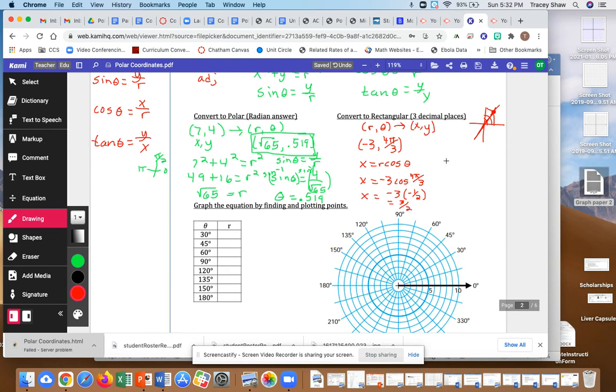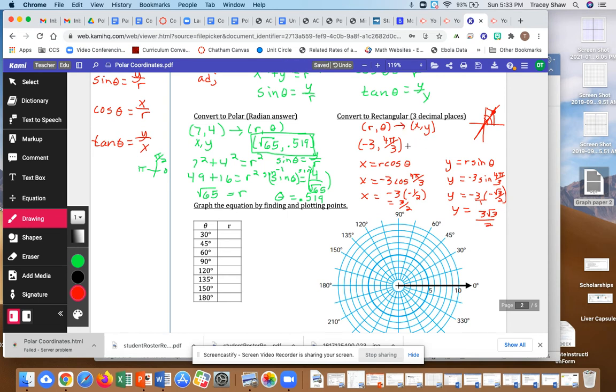To find the y, I'm going to use y equals r sine of theta. My radius is still -3. My angle is 4 pi over 3. The sine of 4 pi over 3 is negative square root 3 over 2. Y will equal, if you put the -3 over 1, that's going to be +3 square root 3 over 2.